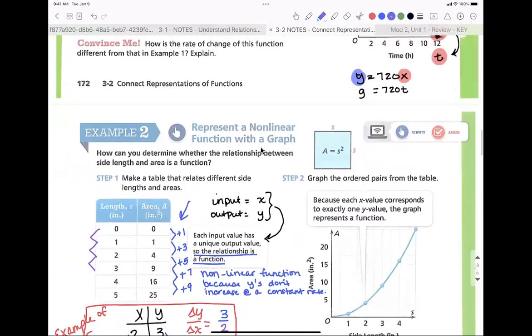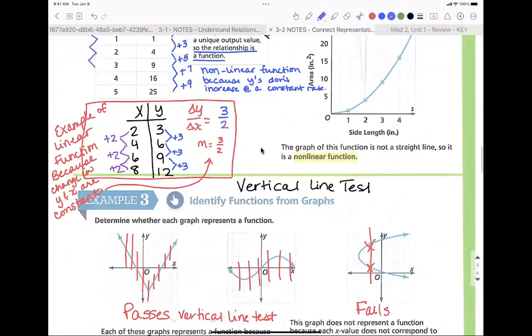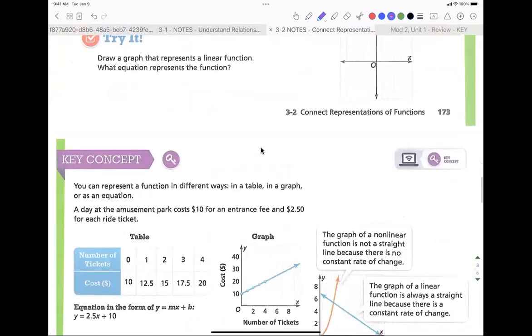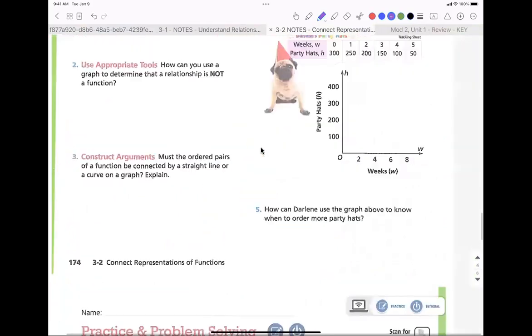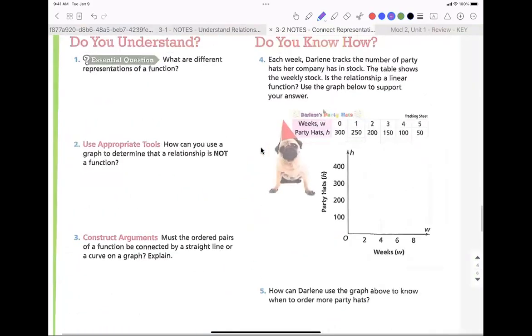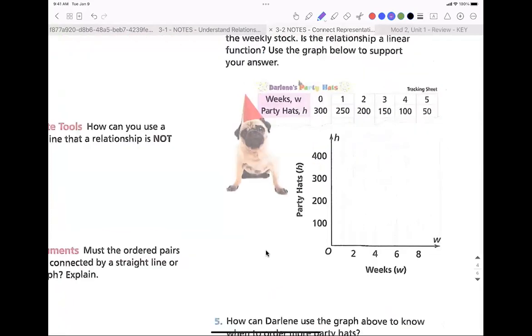Okay. The other thing I want to cover, this is all stuff we've already done: how to know if it is linear or nonlinear. I'm going to use this example on page 174 as an example of how you would do this.